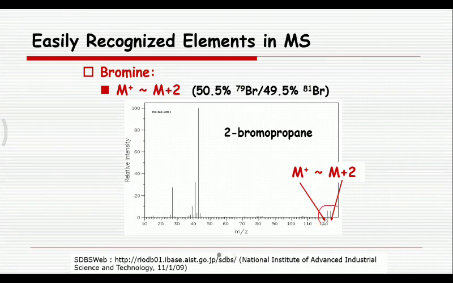In the case of bromine, the peak intensities are almost equal because the relative abundance is 51% and 49%, or we can say 50-50%. So if we observe such a pattern where M plus and M+2 are of equal height, we can say the molecule contains bromine in the structure.